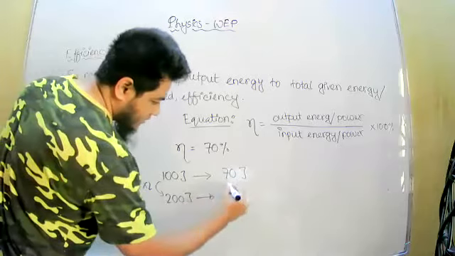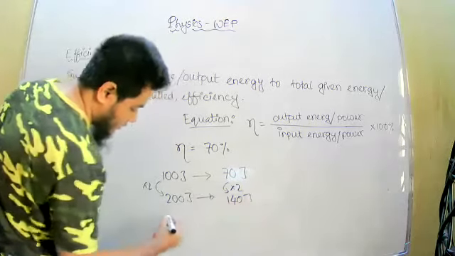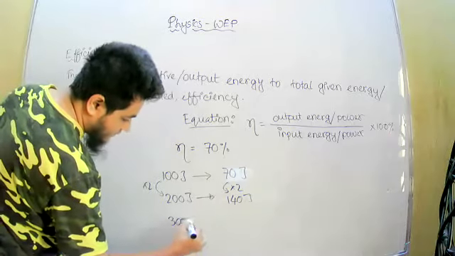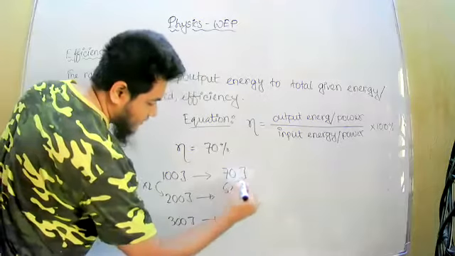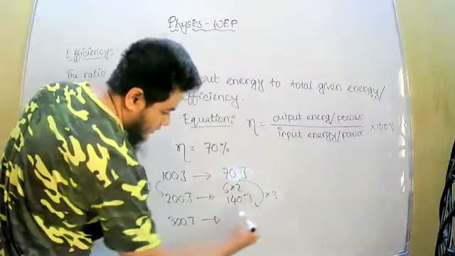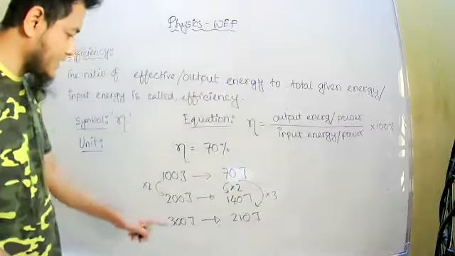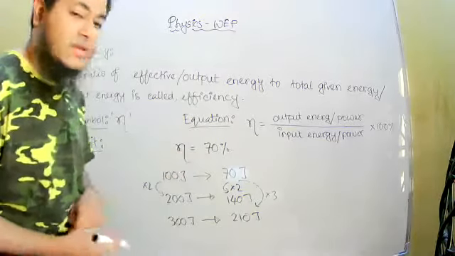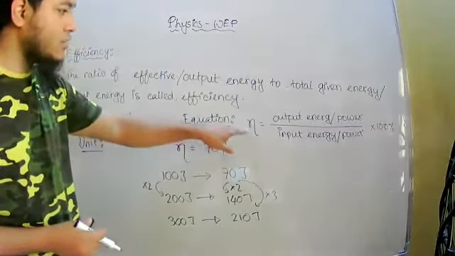So definitely this will also be doubled, which is 140 joule. If you give 300 joule, okay, then you will get 70 into 3, that is 210 joule. Okay, in each case you will find the efficiency is 70%, because what is the equation of efficiency?